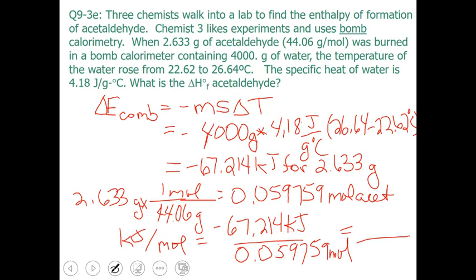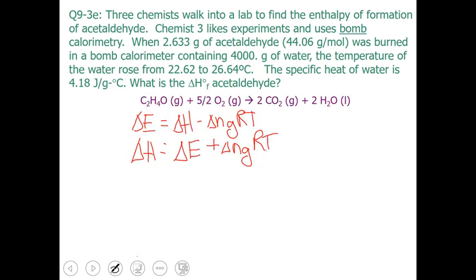So now I need to correct this for the moles of gas that add to the total energy of the reaction in order to get just the enthalpy. So I will remind you that delta E is equal to heat plus work, or delta H minus delta NG RT. So if I want to get the enthalpy of combustion, I have to take the energy of combustion and add delta NG RT in order to solve for that value.